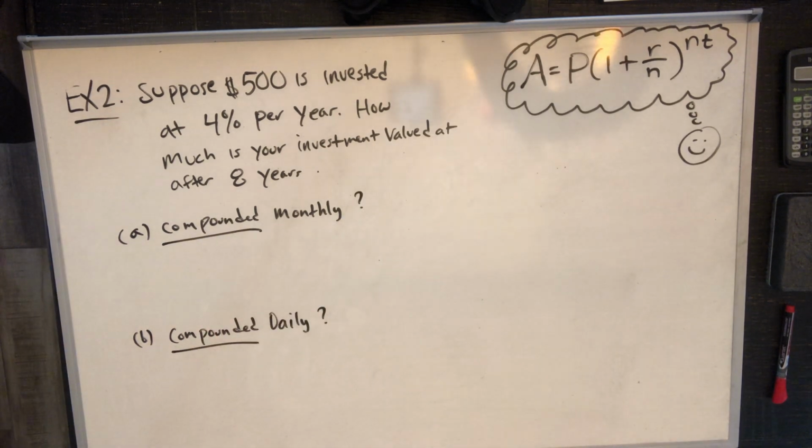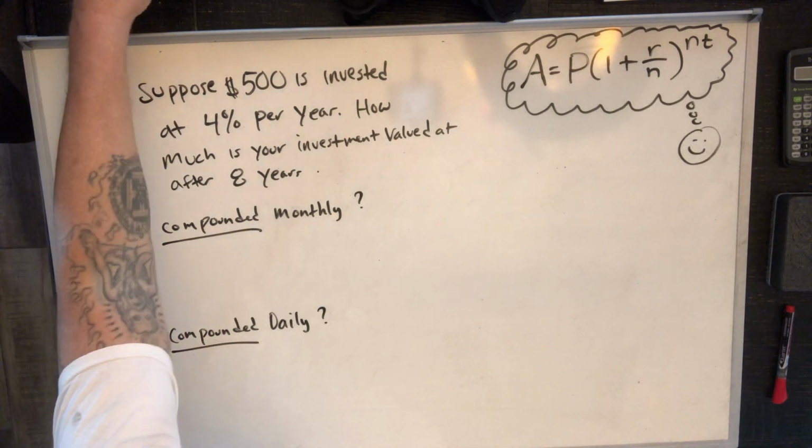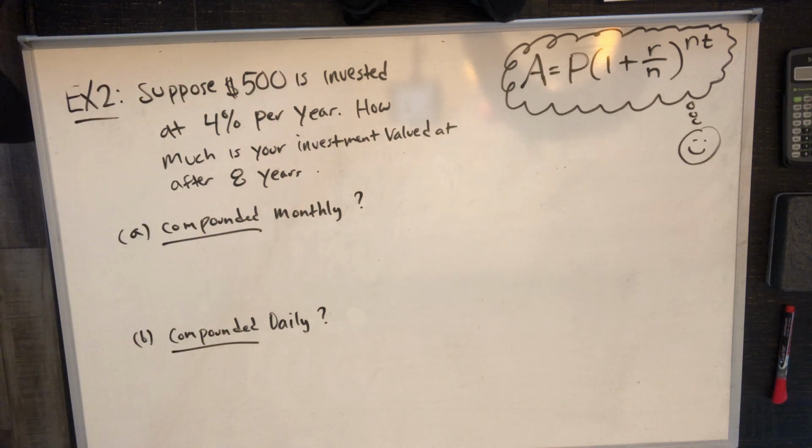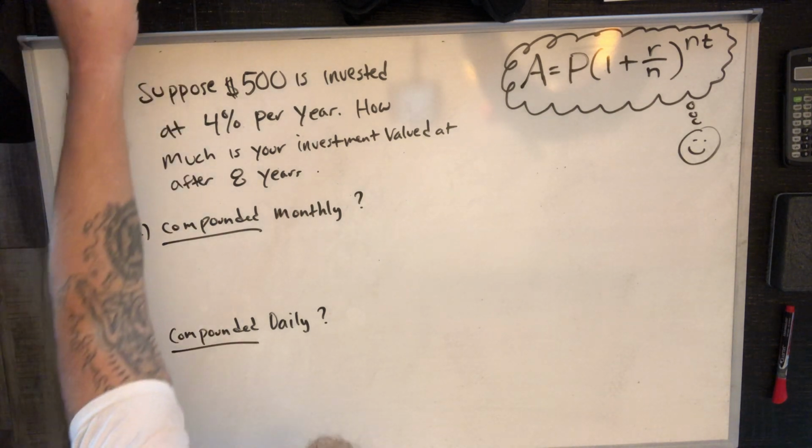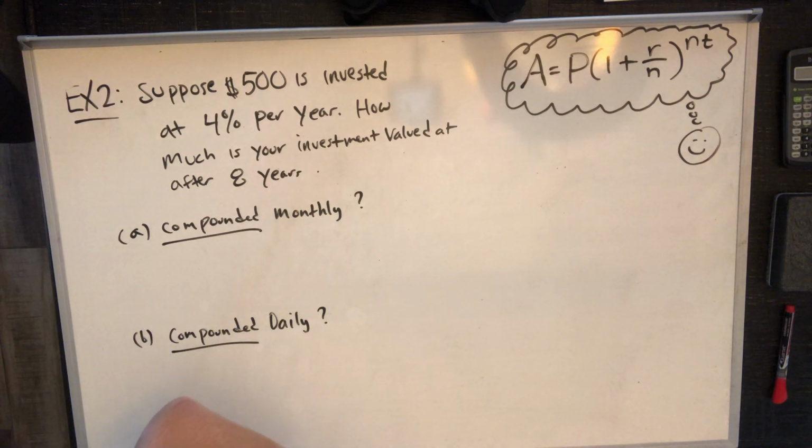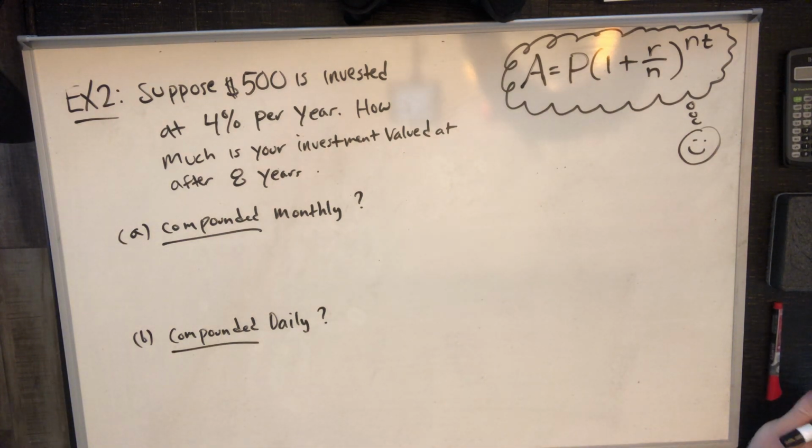So different compounding periods will give us a different result. And so this example illustrates how we get different amounts based on a different number of compounding periods.